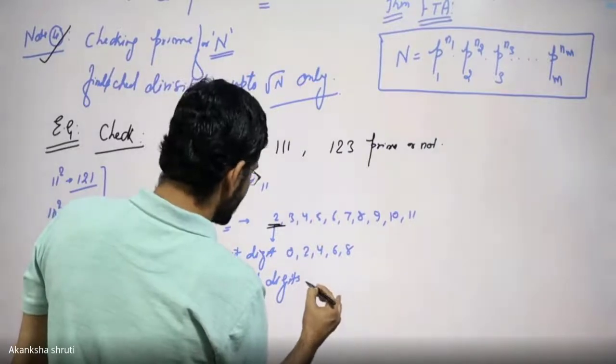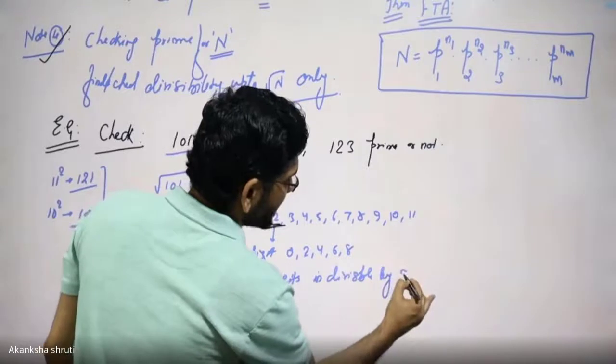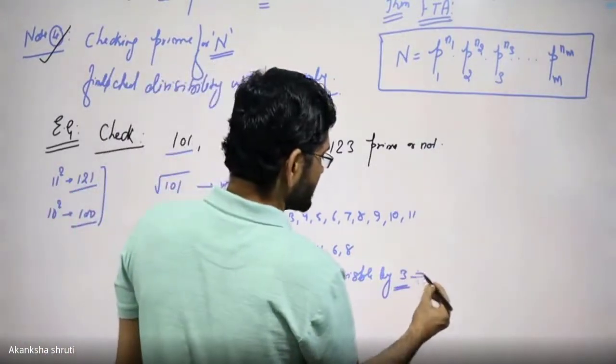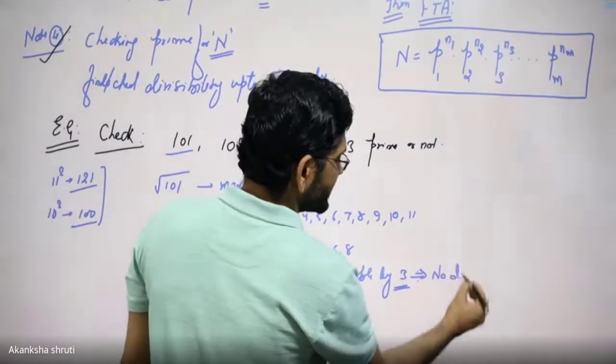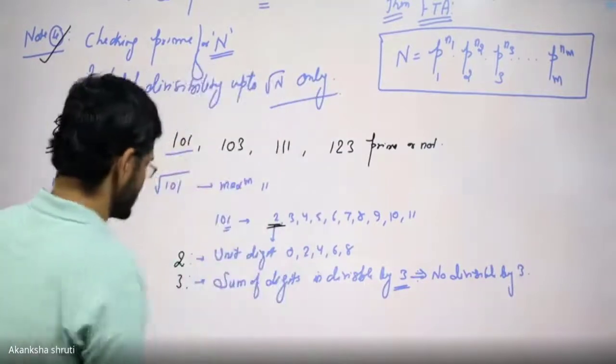If this sum of digits is divisible by 3, then the number is divisible by 3. If not, then it will not be.